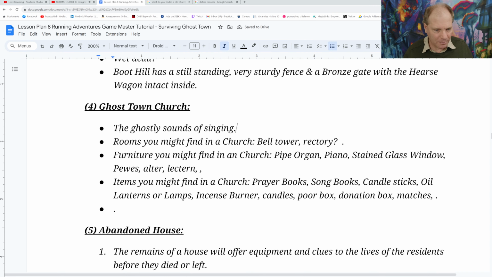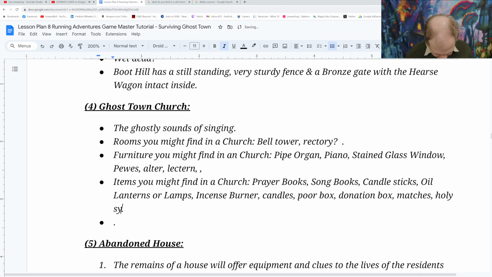It's all right. You might be behind, but I had fallen behind a lot. But I've gotten down most of the things that people thought were sort of aspects of our church. Holy symbol. Yeah, we might have a holy symbol here. Good point. Holy symbol. And then the main area of the church.